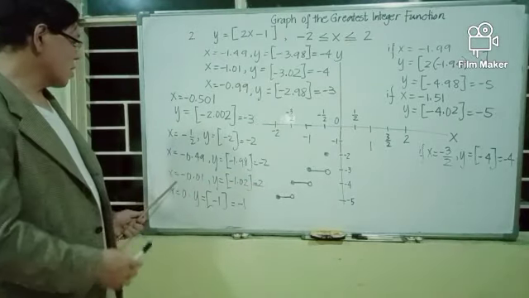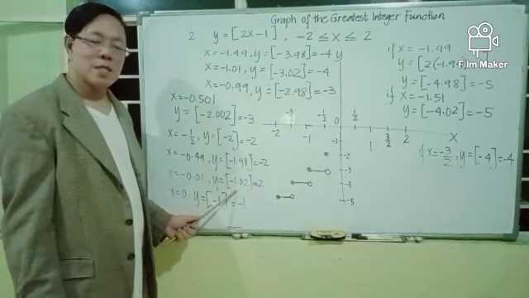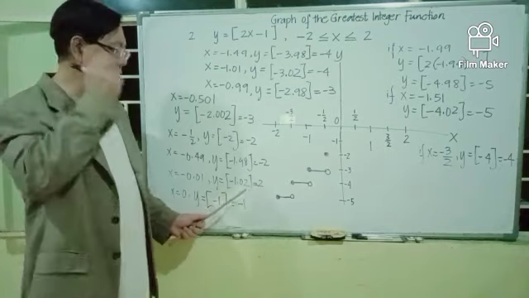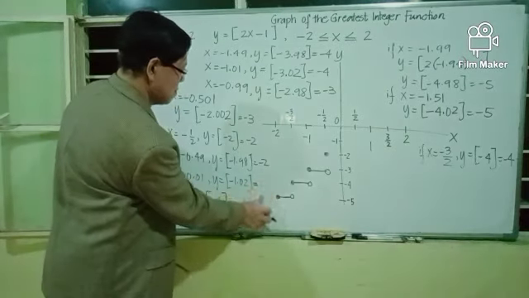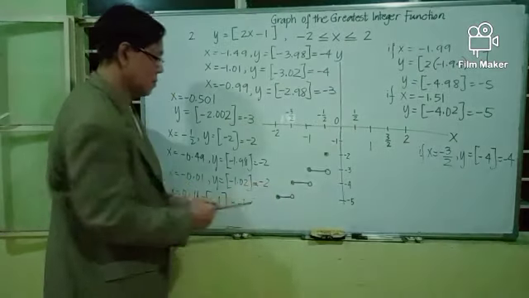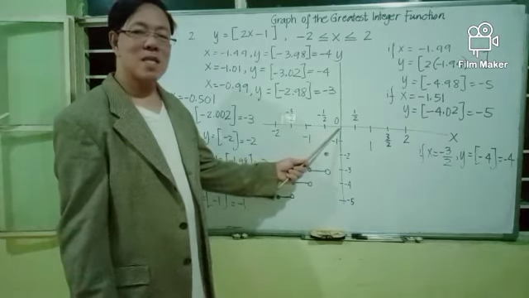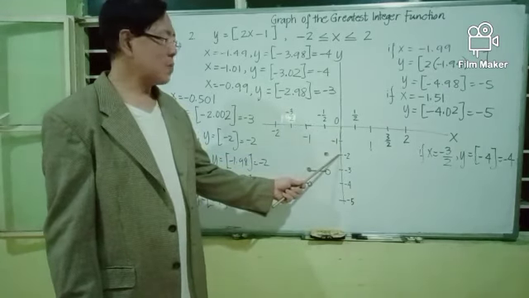Thus, when x equals negative 0.01, the value of y is the greatest integer that is less than negative 1.02, and that integer is negative 2. When x is equal to negative 0.01, the value of y is negative 2.